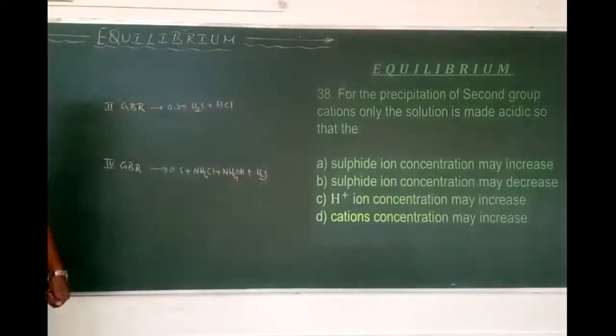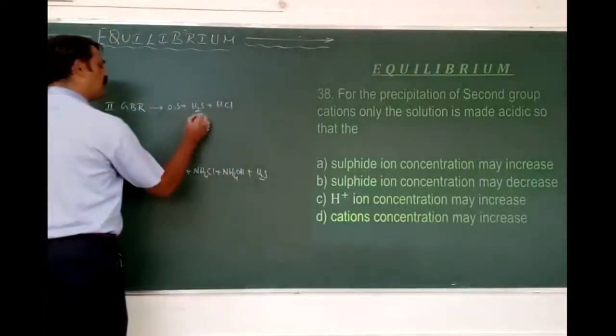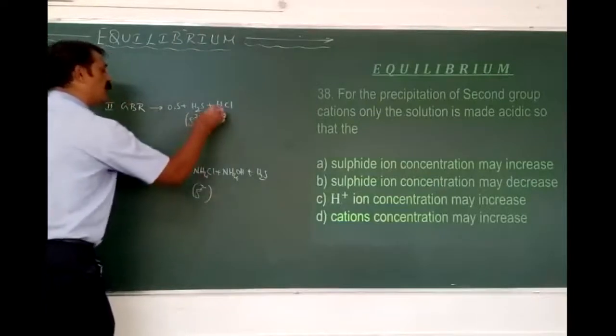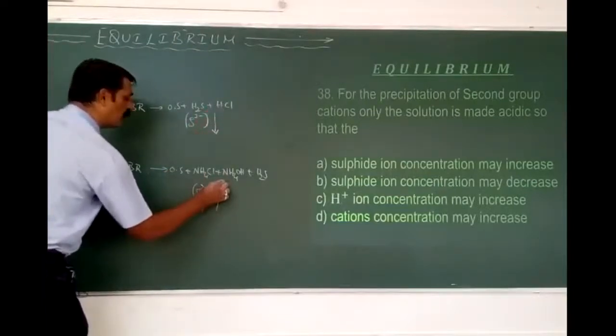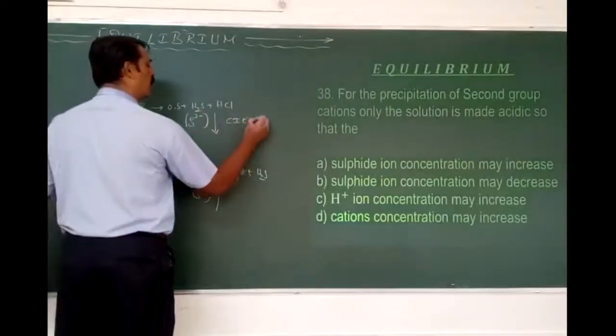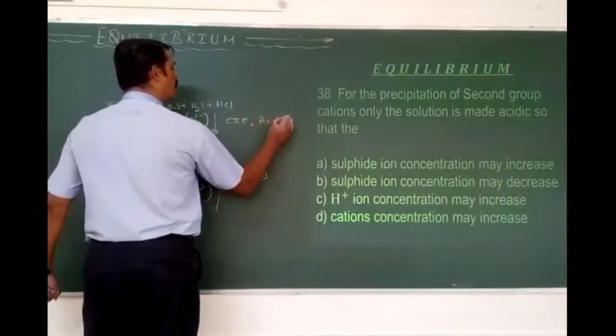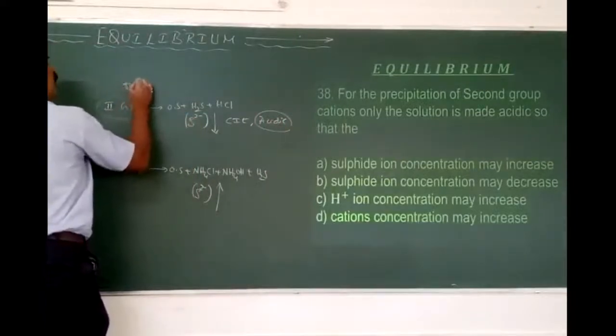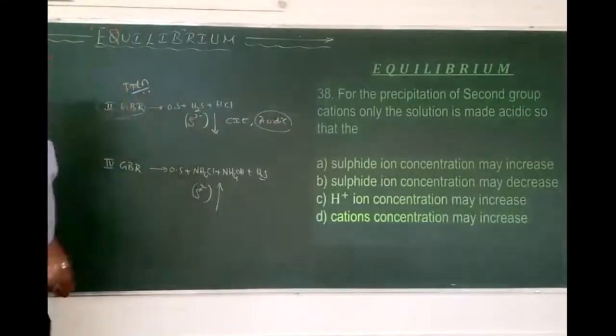These are group reagents. Here this is having the sulfide concentration, this is also having the sulfide concentration, and this is going to be less and this is going to be more. Because due to the common ion effect, we are maintaining what medium here? Acidic medium. That acidic medium with low concentration helps for the precipitation of only what group basic radicals?